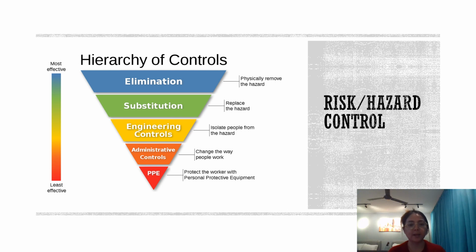And then the third stage of our hierarchy of control is engineering controls. What is engineering control? Literally, we isolate the people from the hazard. For example, a worker cut his finger in the slicer machine.